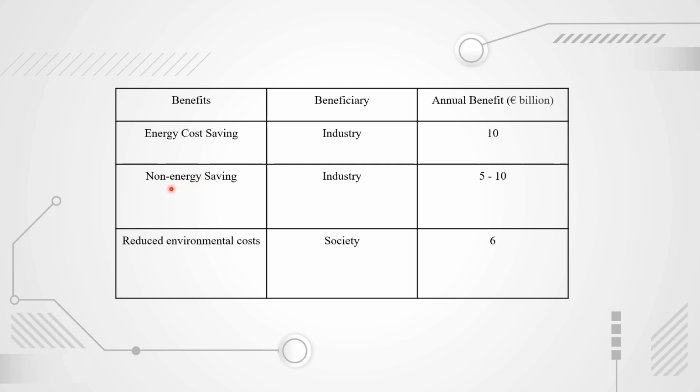For non-energy saving, the beneficiary is also the industry, and the annual benefit is around 5 to 10 euro billion. And lastly, reduced environmental costs: the beneficiary is society, and the annual benefit is around 6 billion euro.